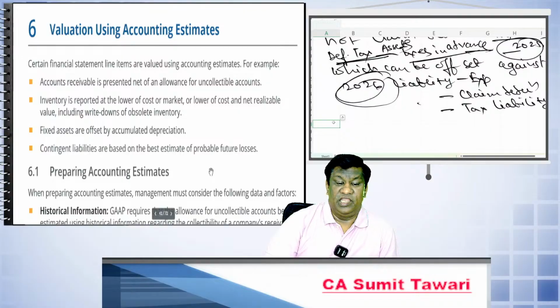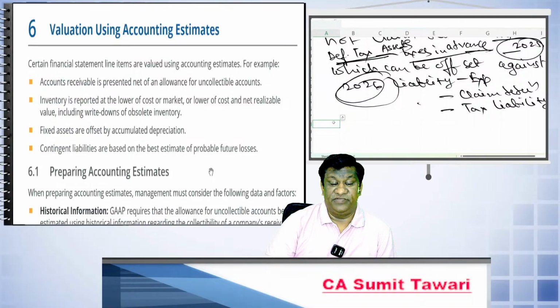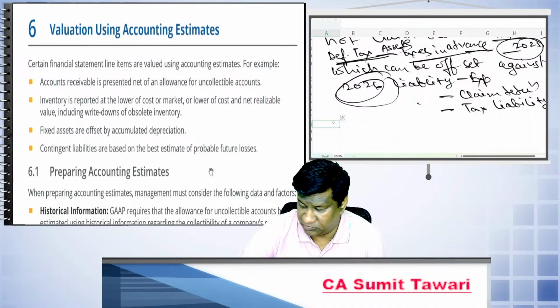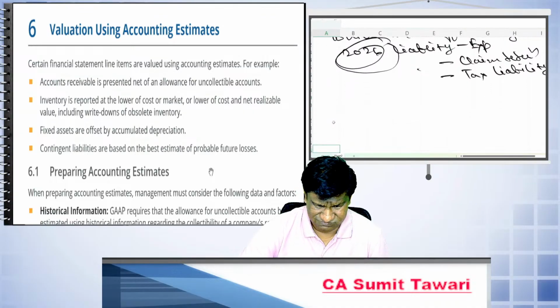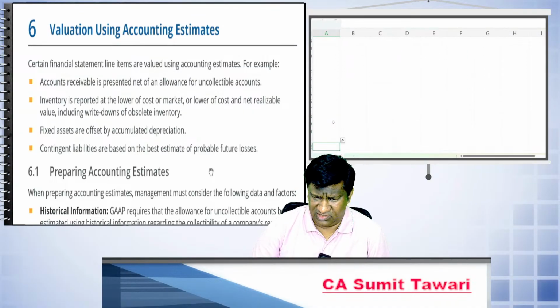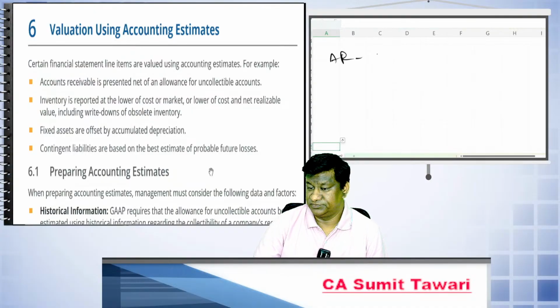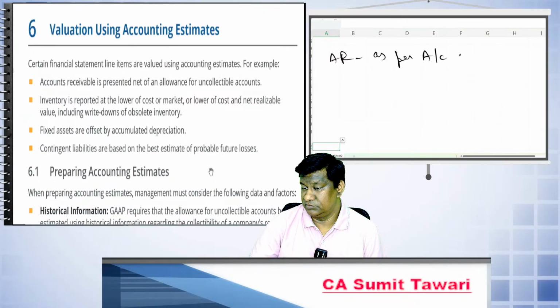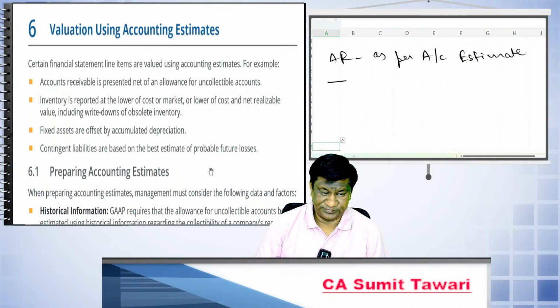Okay, then valuation using the accounting estimate. Certain financial statement line items are valued using the accounting estimate. So accounts receivable is presented net of allowances for uncollectible accounts. Why are we saying accounting estimate? Take AR.